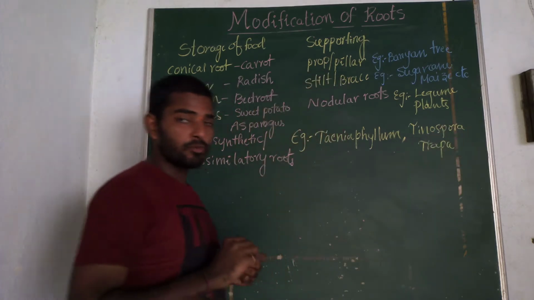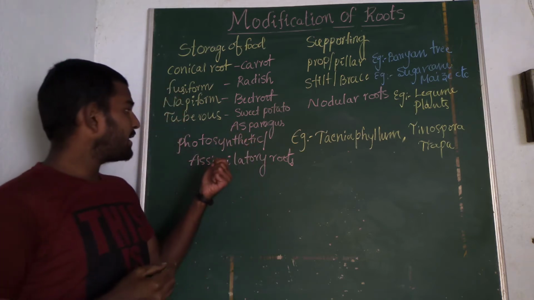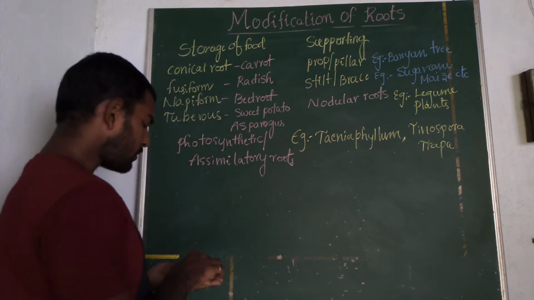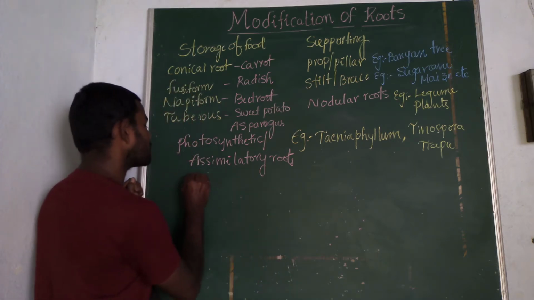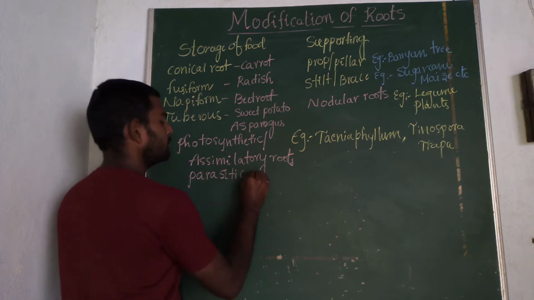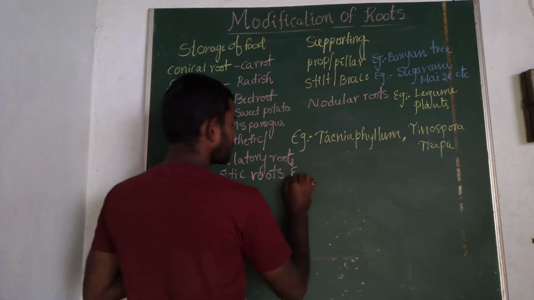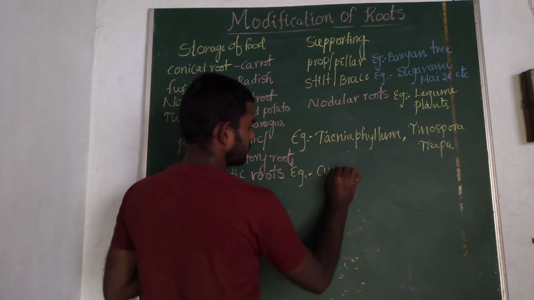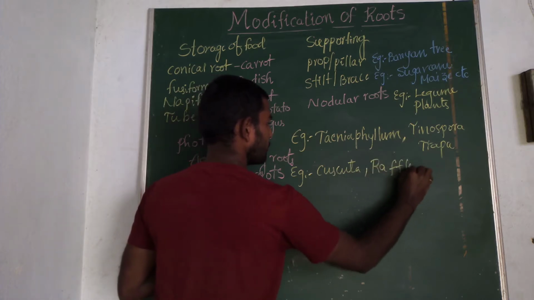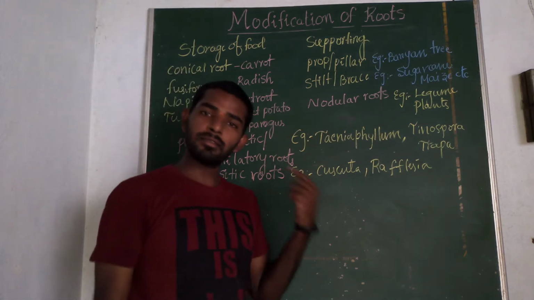Actually, in the plant only the leaf will perform photosynthesis, but here, in the modifications of the roots, the assimilatory or photosynthetic roots can perform photosynthesis. Along with this, parasitic roots, examples like Cuscuta, Rafflesia, and the partial parasitic roots like Viscum and Striga.